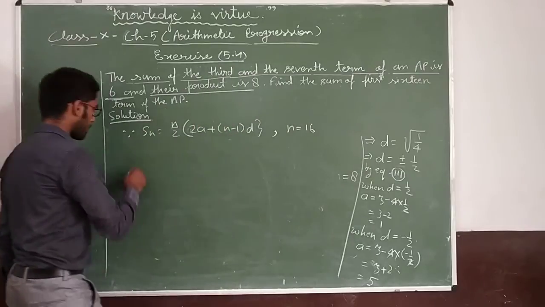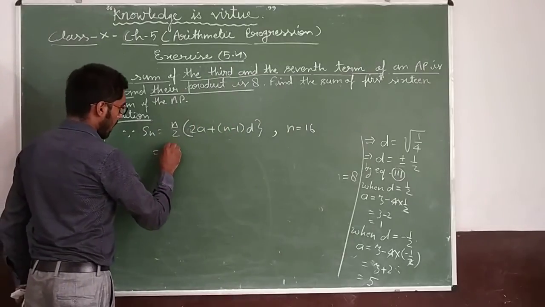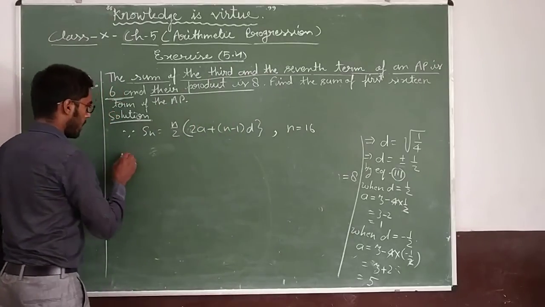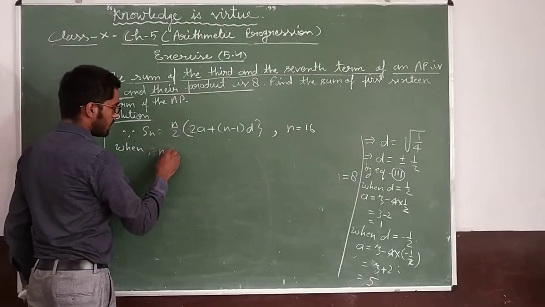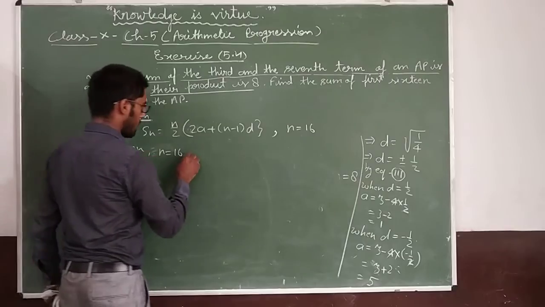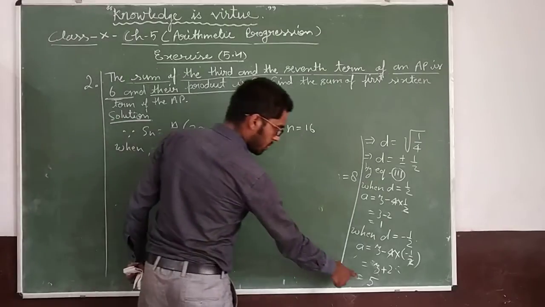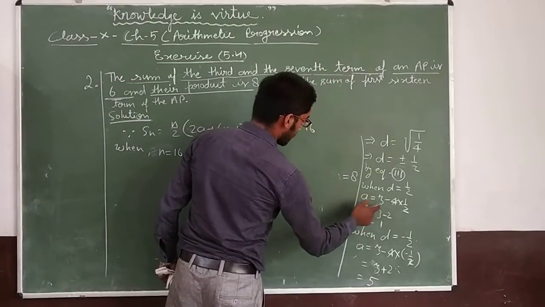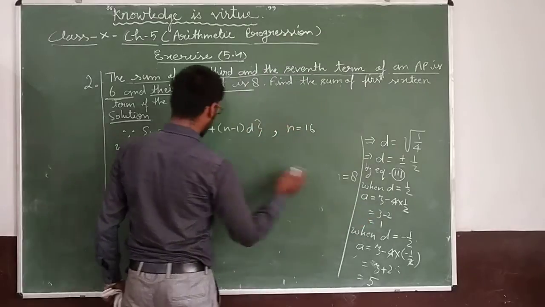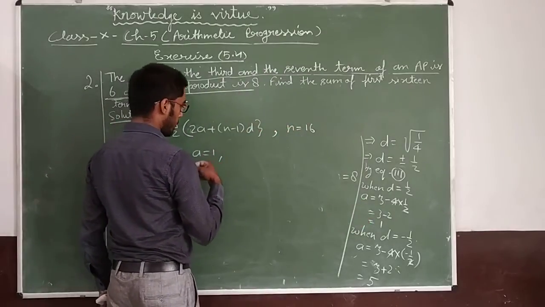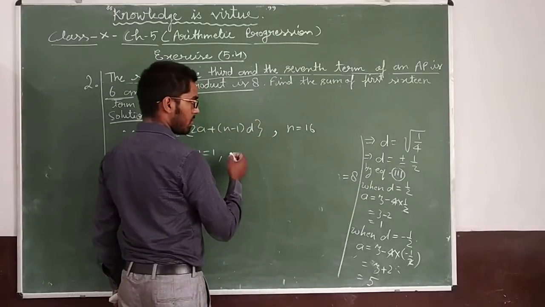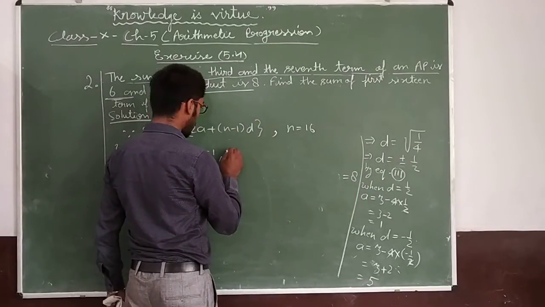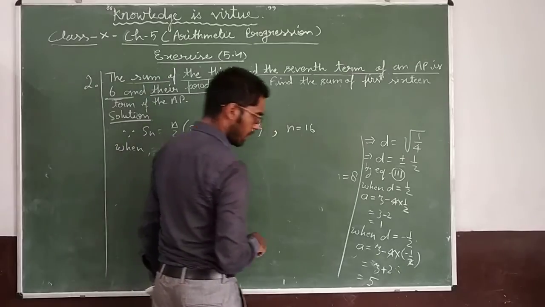First take A is equal to 1 and common difference D is equal to 1 by 2.